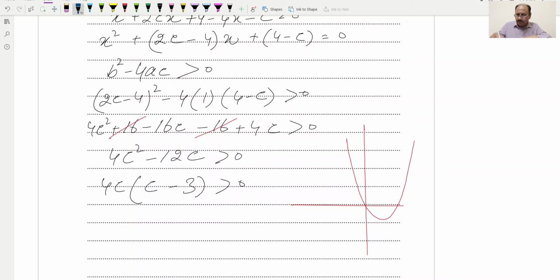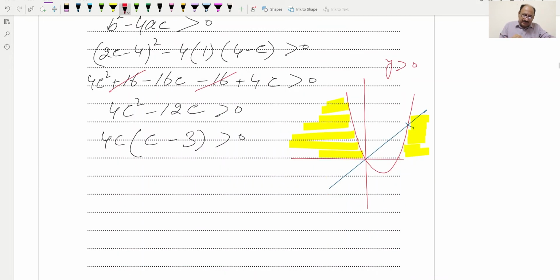The line will be like this, and these will be the 2 points, and the values we are interested in are this side and this side, where y is greater than 0.